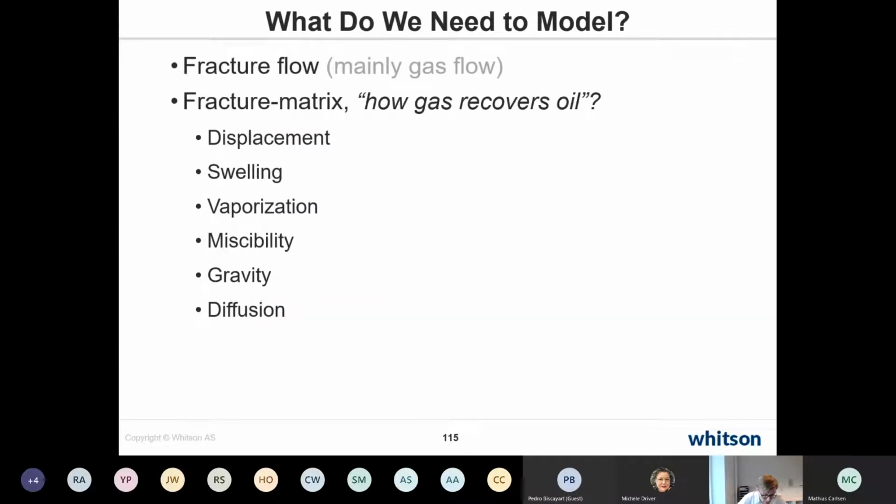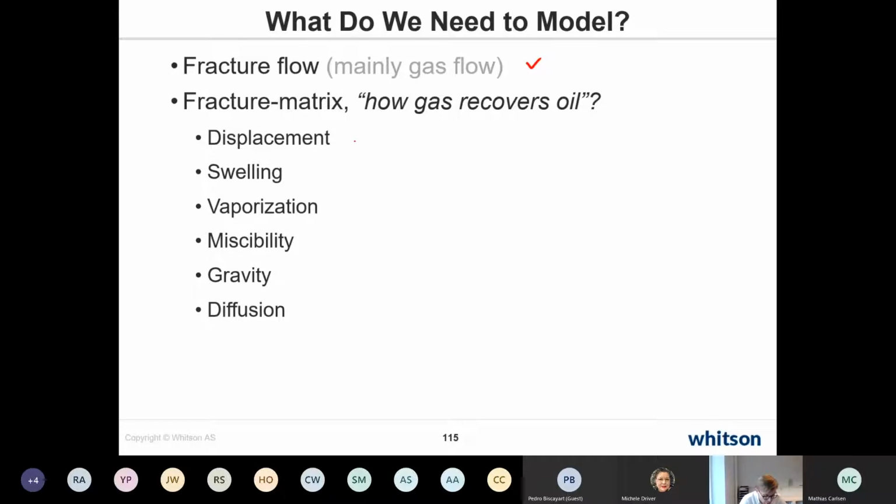So what we need to model, from a reservoir simulation perspective and from our own understanding perspective, is obviously, since we have fractures, we need to be able to model that. But also, where the additional hydrocarbons will hopefully be recovered is in the matrix, so we need to also capture this fracture to matrix component. Here there are, at least on a generic basis, a lot of different possibilities of what can create uplift.